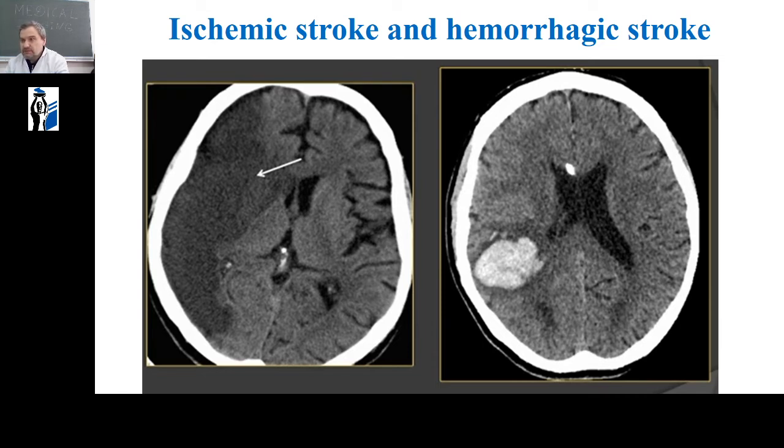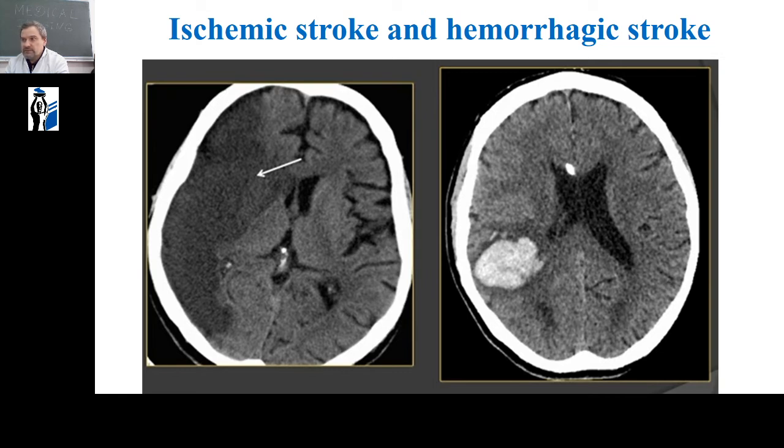Acute violation of cerebral circulation, a serious problem. It ends tragically for the patient. The patient can be saved and provided with a good restoration of function if a timely diagnosis is made and proper treatment is carried out.